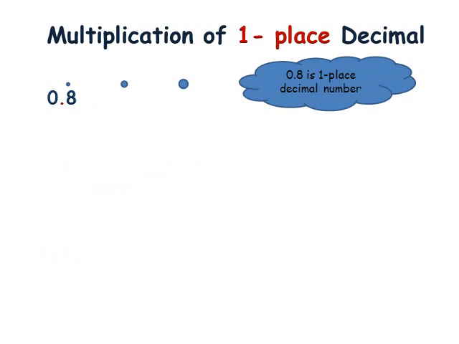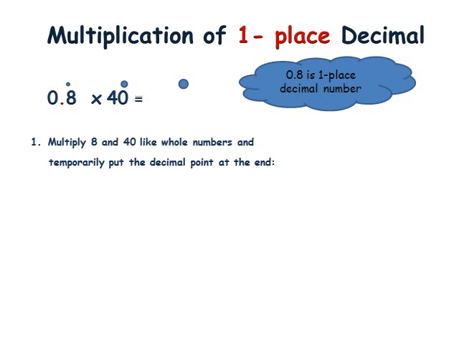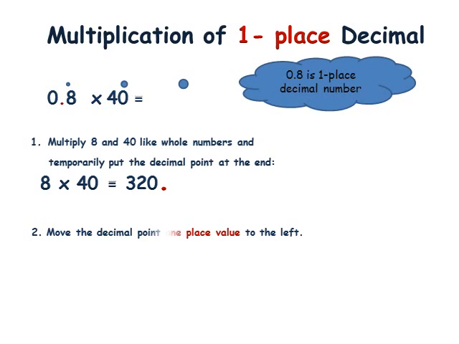Another example. This one here, 0.8, is still one place value. You'd like to multiply it with 40. Again, let's ignore the decimal point and just multiply 8 and 40. 8 times 40 is 320. Now, 320 is a whole number, so the decimal point is at the end of 0. The next step is to move the decimal point one place value to the left.